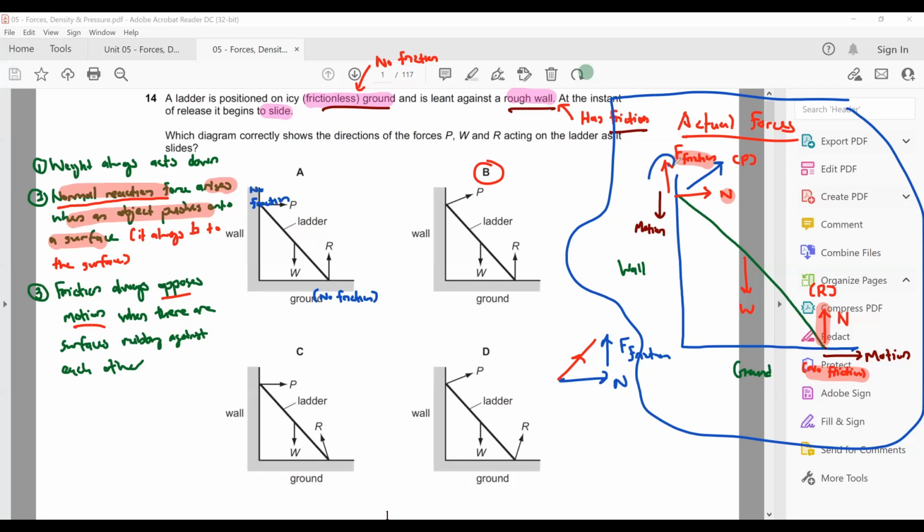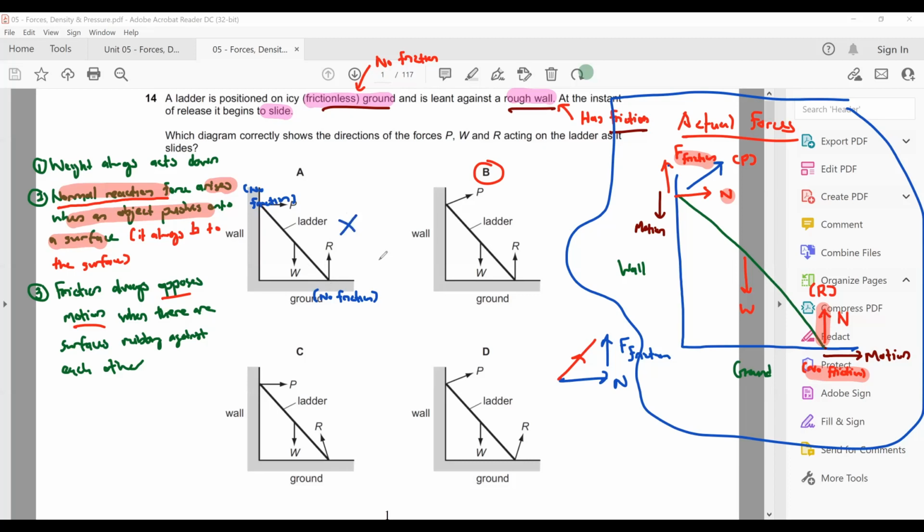It's only when you have friction that you have a resultant force like this. Okay, so A is telling you that both ends have no friction. This is not what the question is describing. Only one side has no friction. One side has friction. So this one is saying that both sides have no friction.